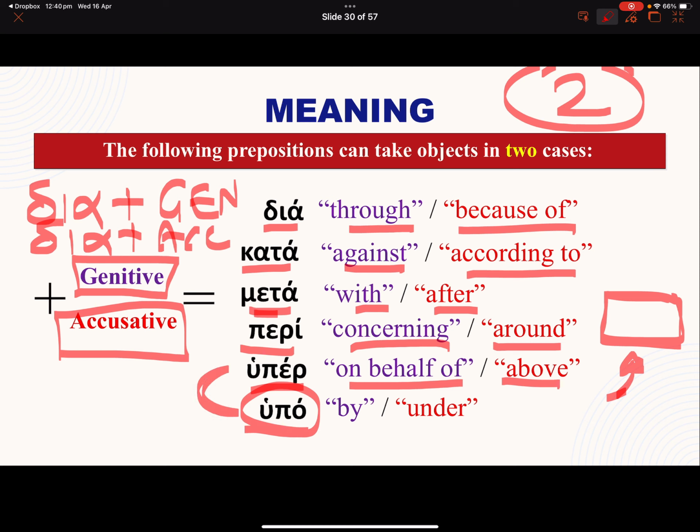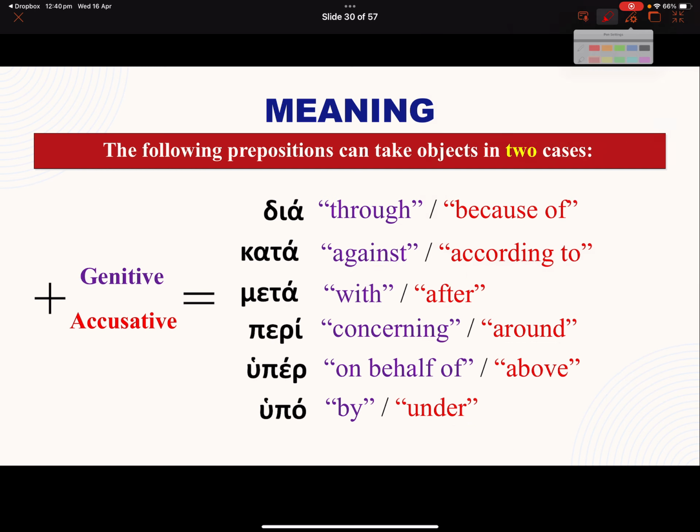Hupo, these two are ones that students often get confused with. Hupo means by when it's followed by the genitive, and when it's followed by the accusative, it means under or below. So these are words that have two different meanings depending on what case they are followed by, and they can be followed by the genitive or the accusative.